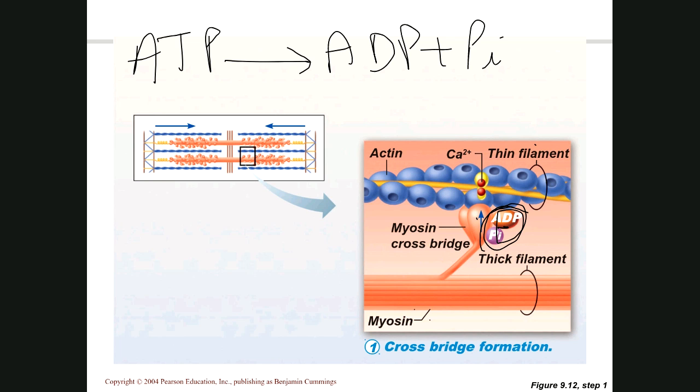We haven't used any ATP yet. So these came from the previous contraction, or the previous cross bridge, I should say. Okay, so this is what the myosin head looks like when it makes the cross bridge. You can see the little calcium attached to the troponin.